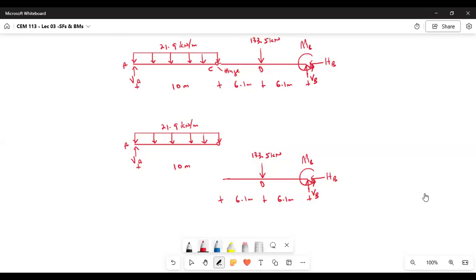So this is the first internal hinge point. I'll draw a vertical force and a horizontal force.